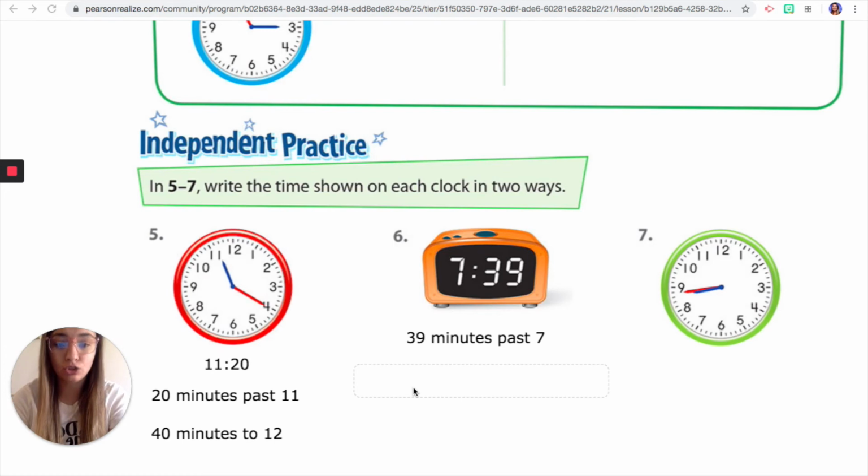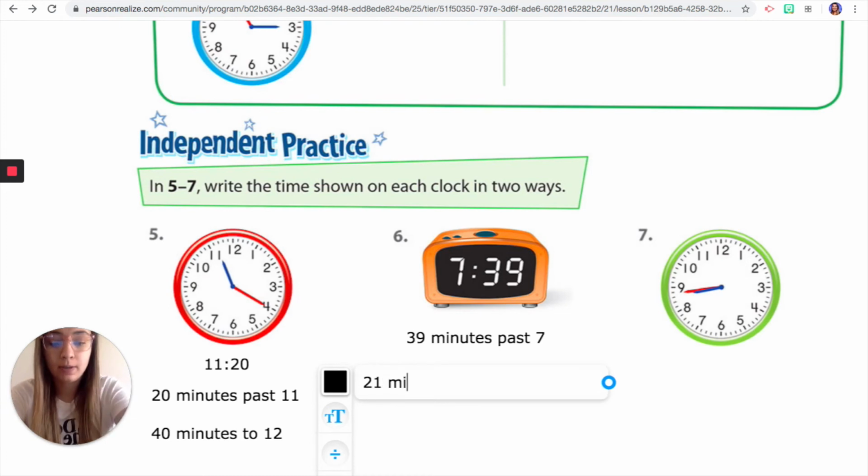I need to get to 60 minutes here on my minute side of the clock. So I know that if I add 1 to 39, that gives me 40, and I know to get from 40 to 60 is 20. So I'm going to have 21 minutes to 8 because 7, the next hour, is 8.